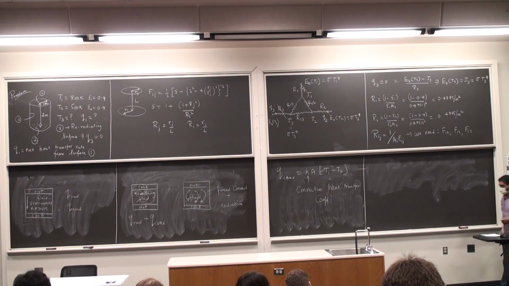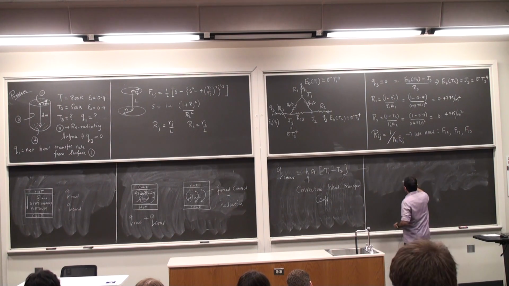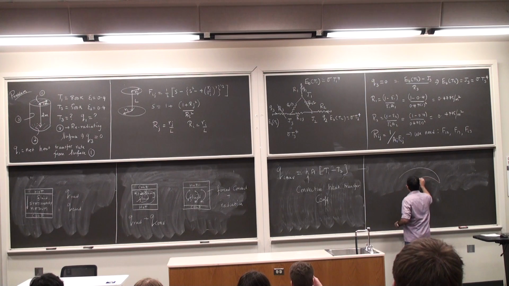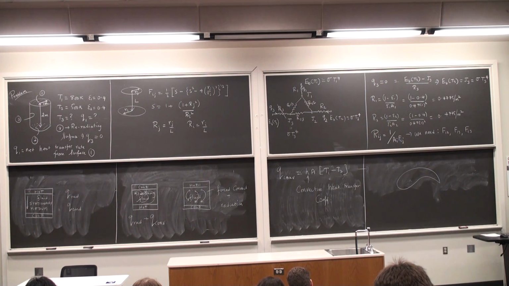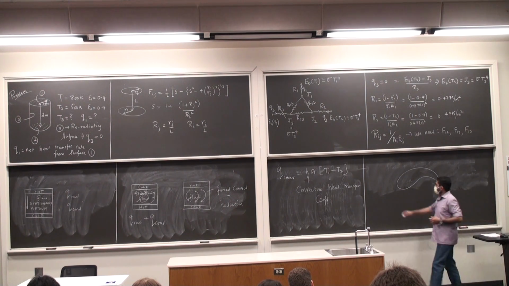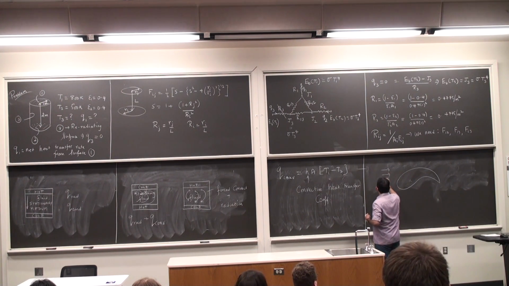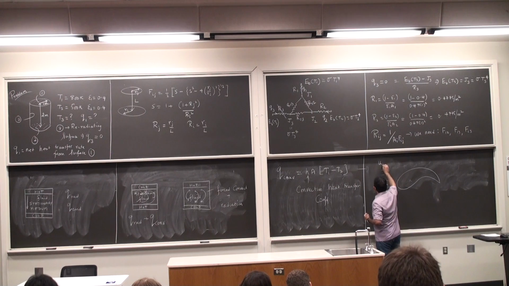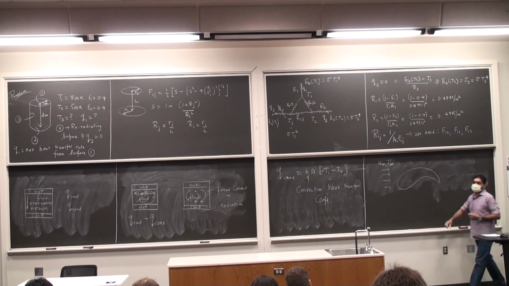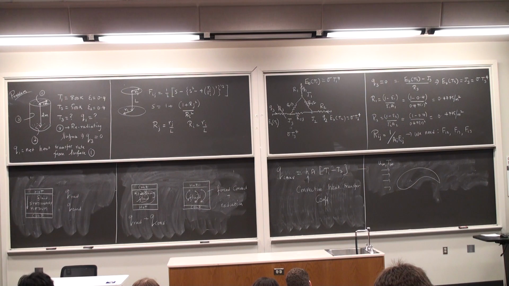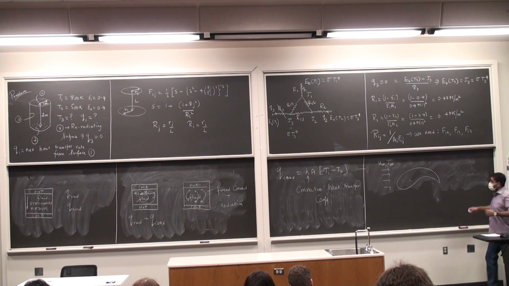Let me take an airfoil, and let's say that there is wind blowing past this airfoil. This is the free stream condition, U infinity and T infinity. Let's say that the surface temperature of the airfoil is maintained as Ts.